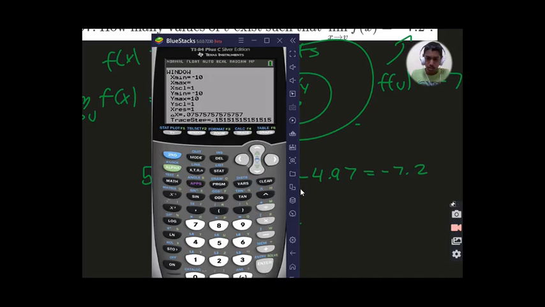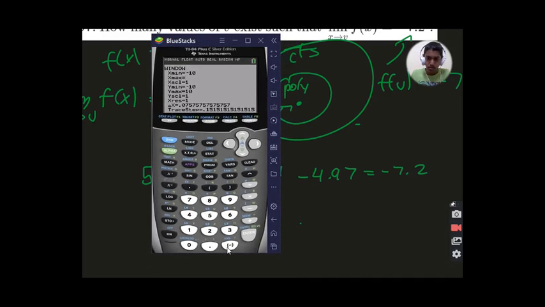X min is up there, so minus 1.2 to 1.9, and then our x scale, you're not ever going to need to touch x scale. Now let's look at this again, give it some time to load, and then we'll adjust the y.